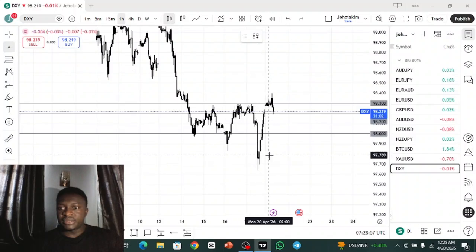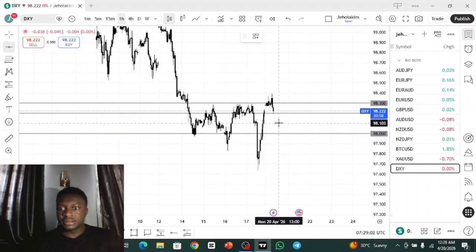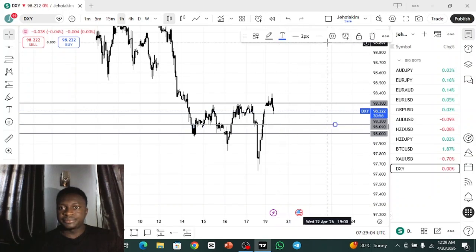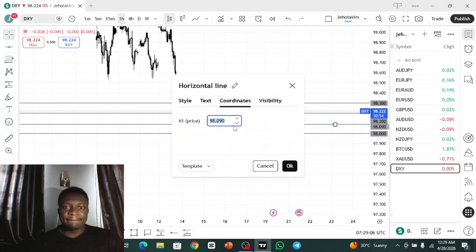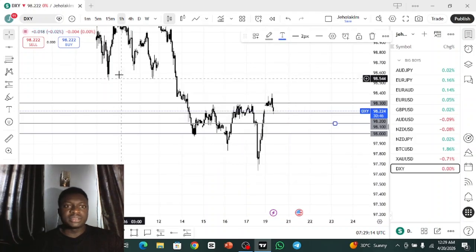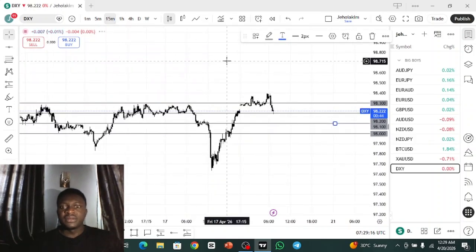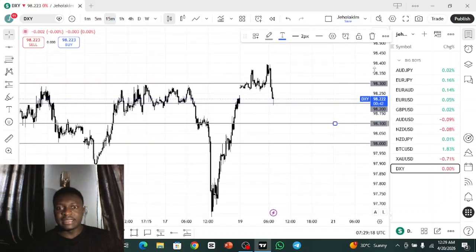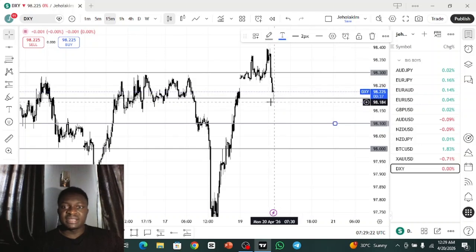because psychological levels help to determine market price and turning points. For example, something like this: if you have your psychological levels outlined like this, you know there is a tendency that the market may reverse at this point.